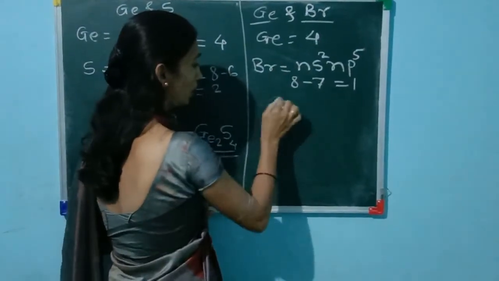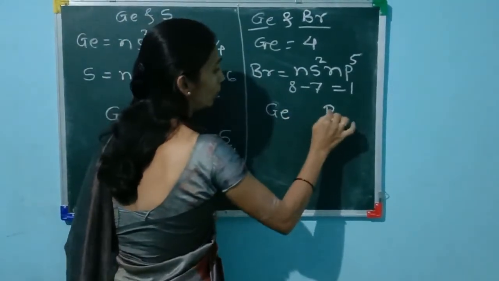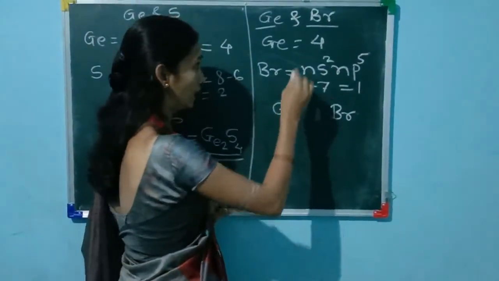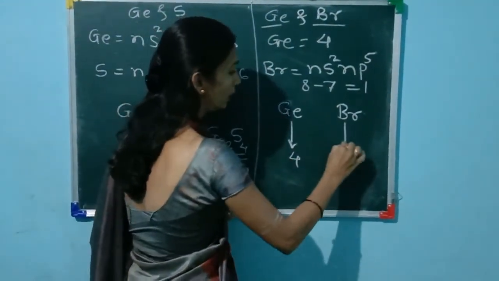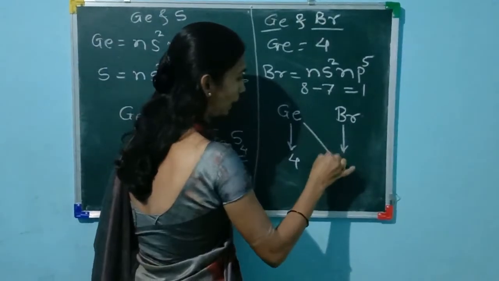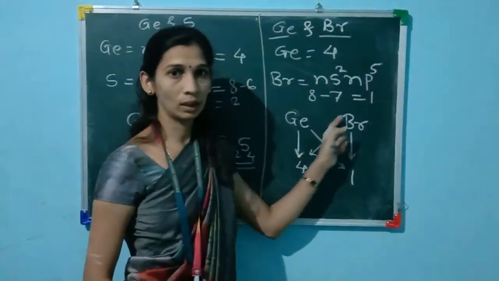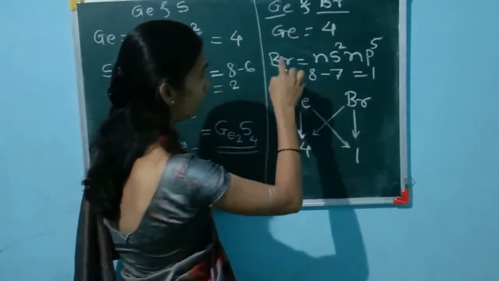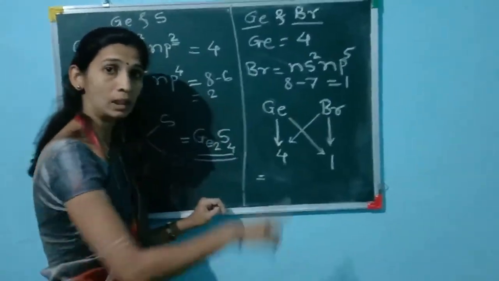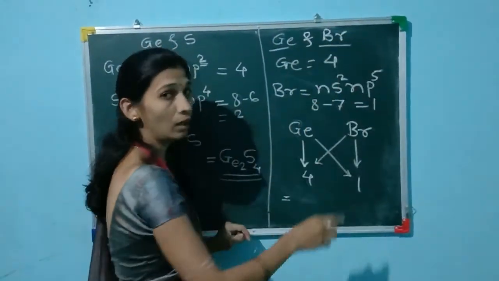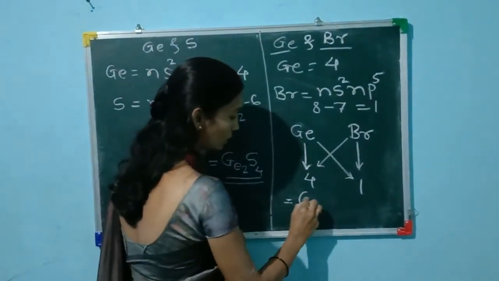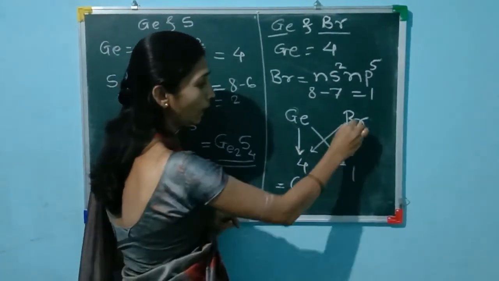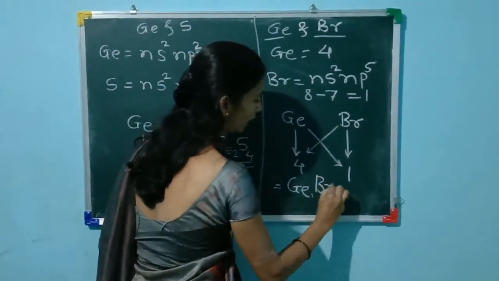Therefore, germanium, bromine, and below that write the valencies: here 4 and here 1. By taking cross multiplication of these, the formula of the compound made by germanium and bromine is Ge multiplied by 1, that means Ge1, and Br4.